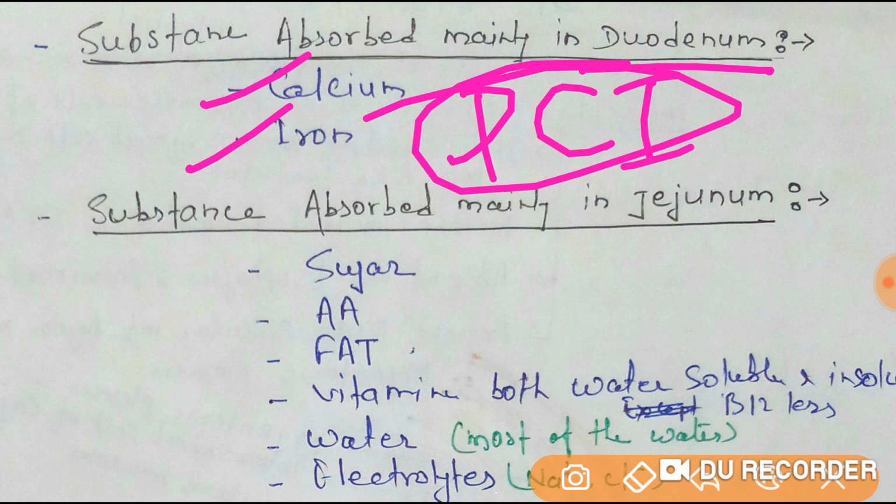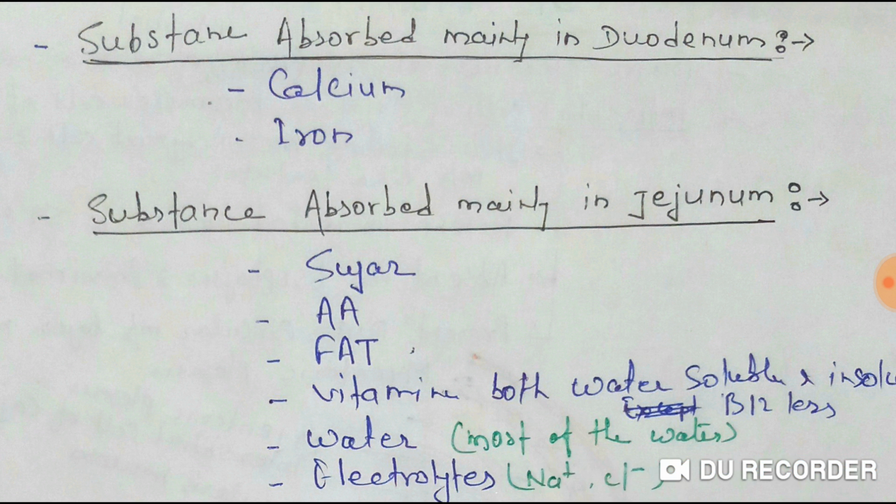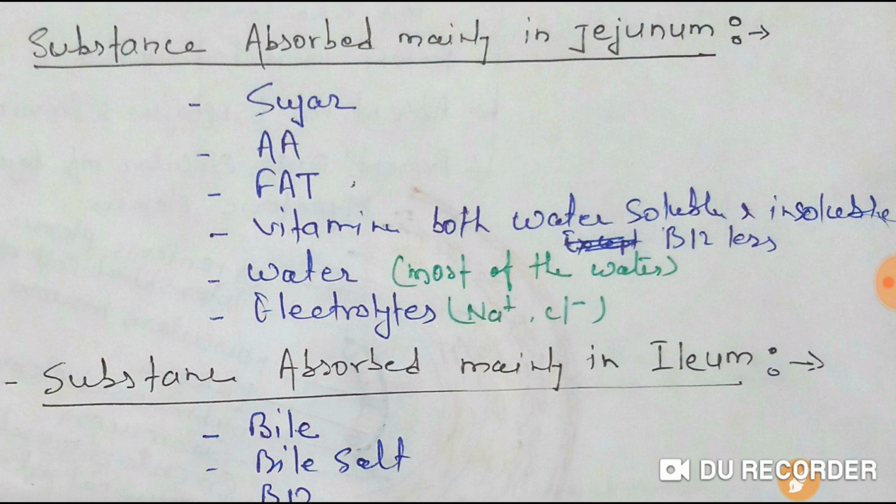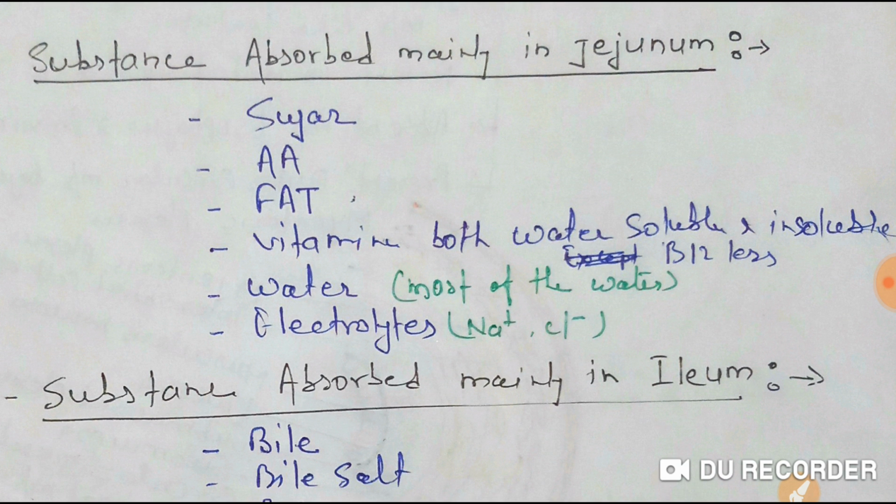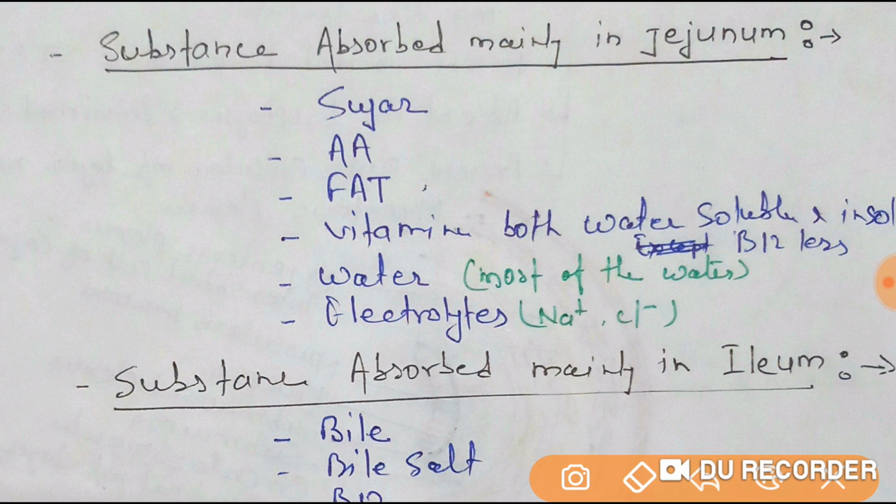The substances absorbed mainly in the jejunum: the jejunum is the main site for absorption of sugar, amino acid, fat, and vitamins, both water soluble and insoluble. But B12 is less absorbed in the jejunum. Most of the water is absorbed in the jejunum, and electrolytes like sodium and chloride.